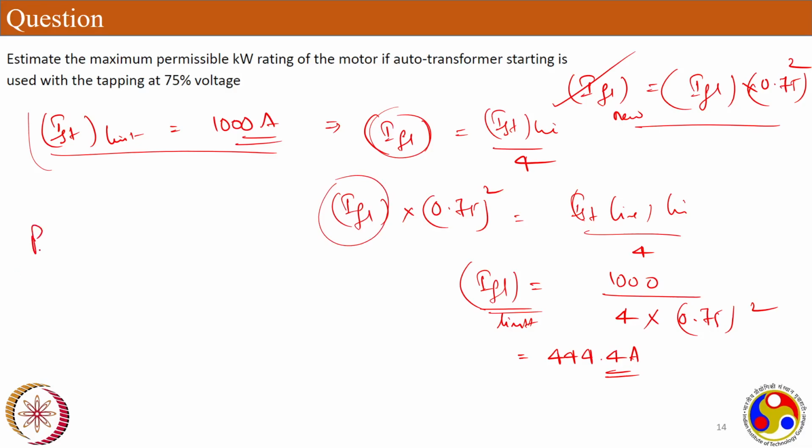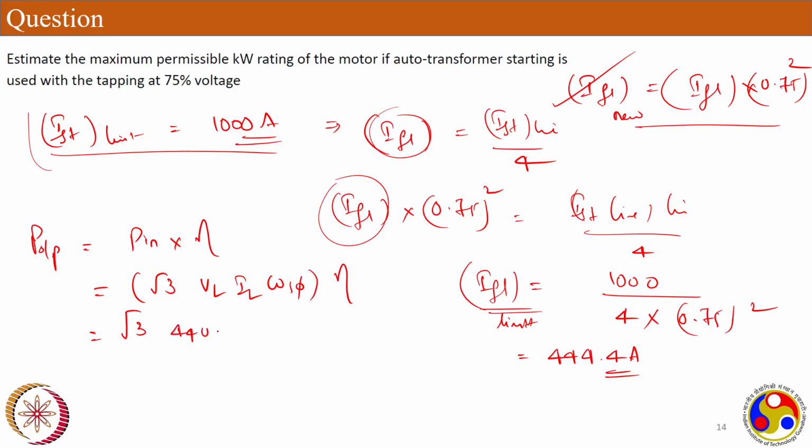Now let's calculate the output power. Same: input power multiplied by efficiency. Now you will have the input power the same, root 3 VL IL cos phi, and efficiency. Root 3 times 440. Your new limit is 444.4, and power factor is 0.8 and efficiency is 0.8.